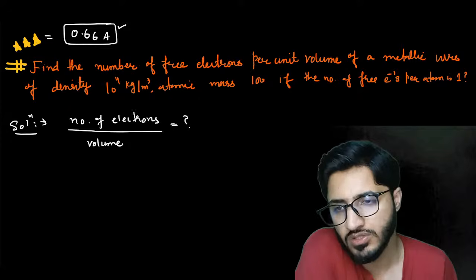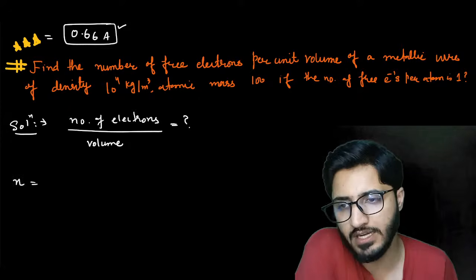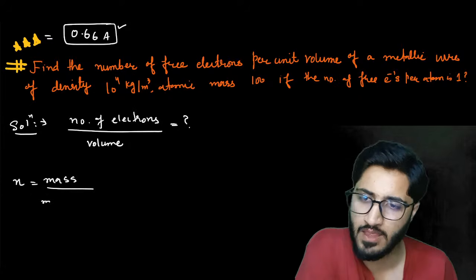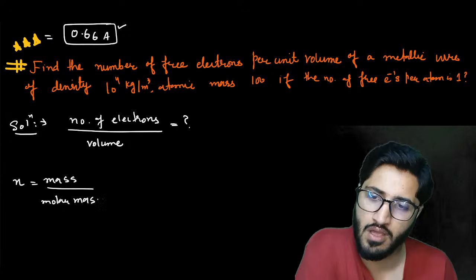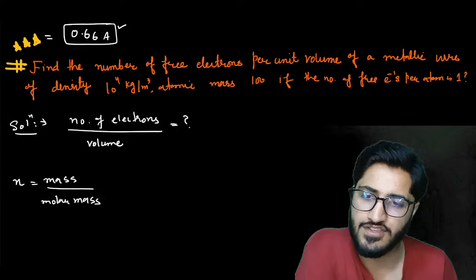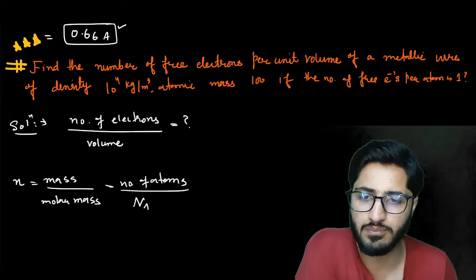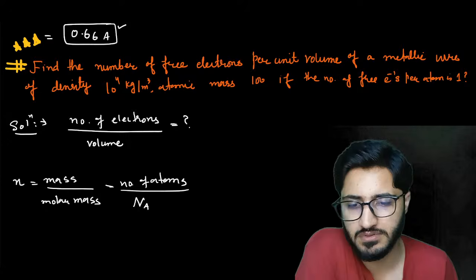So I guess mole concept: N equals mass by molar mass, which equals number of atoms divided by Avogadro's number. Number of atoms, so I can replace it with the number of electrons.